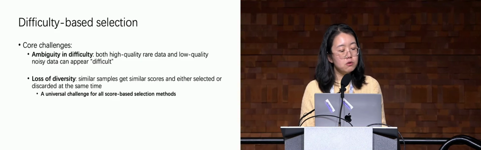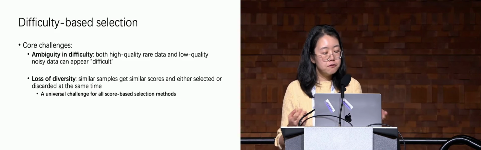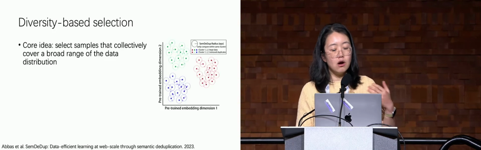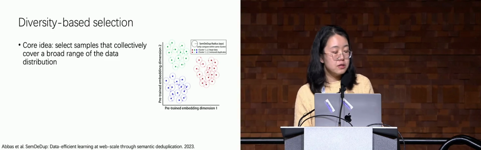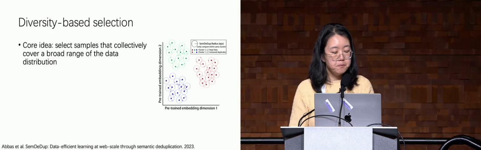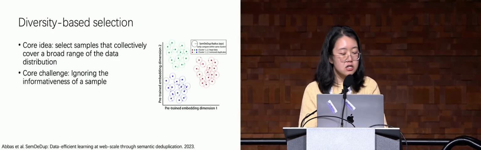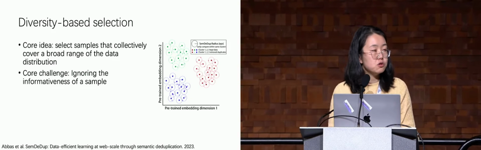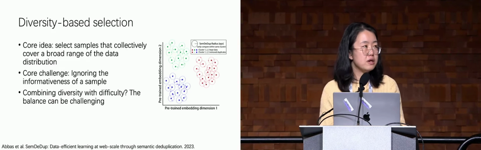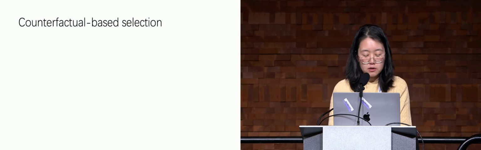If you have similar samples, they often receive similar difficulty scores, and therefore this will lead us to get a cluster of similar samples, either all selected or all discarded, which reduces the diversity of the selected set. Unfortunately, this is a challenge not specific to difficulty-based selection, but to all scoring-based selection methods. If you just use one score to characterize the data's informativeness, then you will always end up in this situation. You either select similar points together, or discard them altogether.